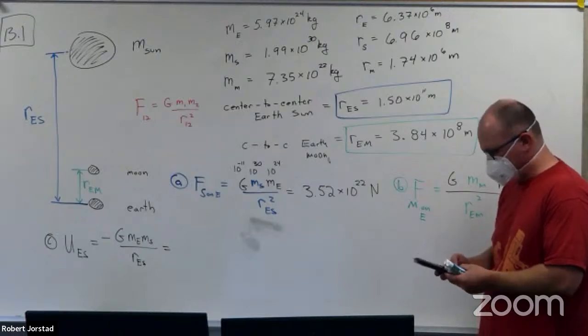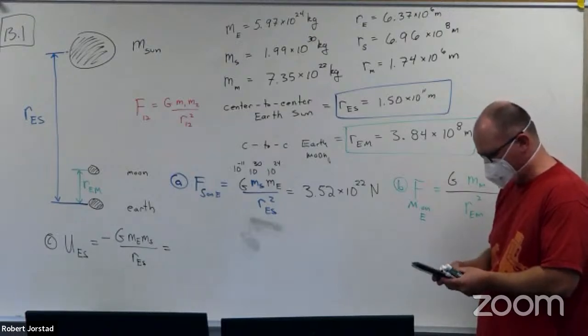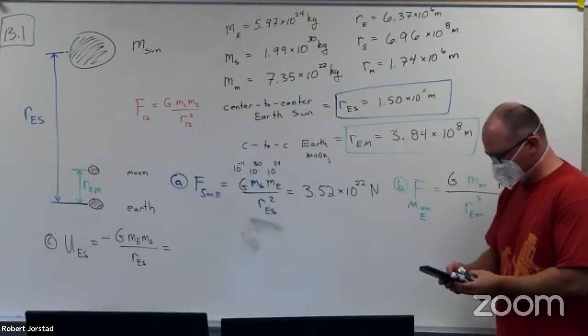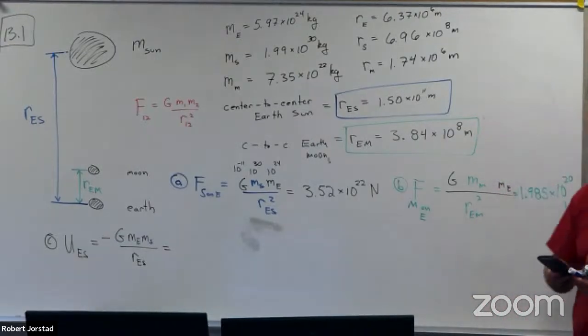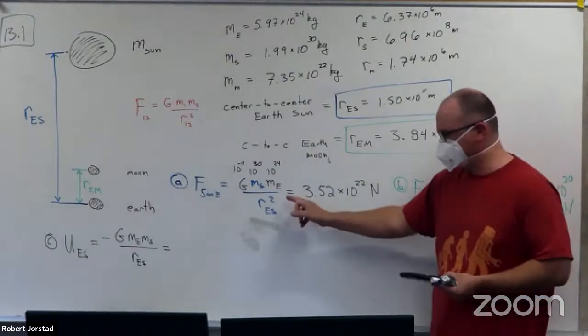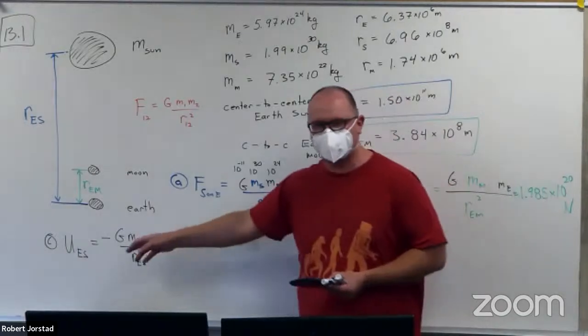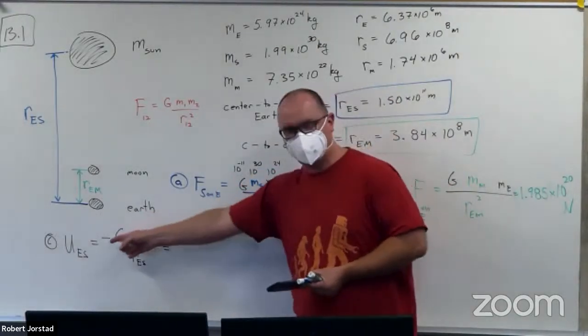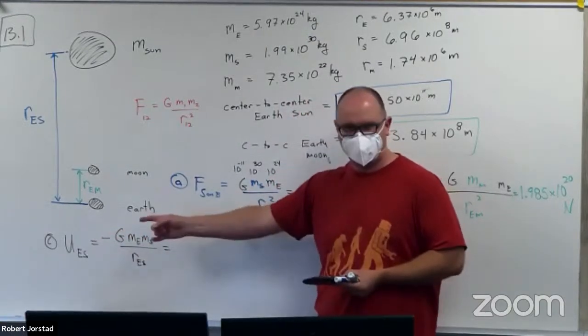So negative 6.67 E negative 11. This thing, R squared or no? So this is a good observation. The force, the distance is squared. Remember the U came from that silly integral? And when you integrate, basically you got an extra minus sign and the power went up. Right?